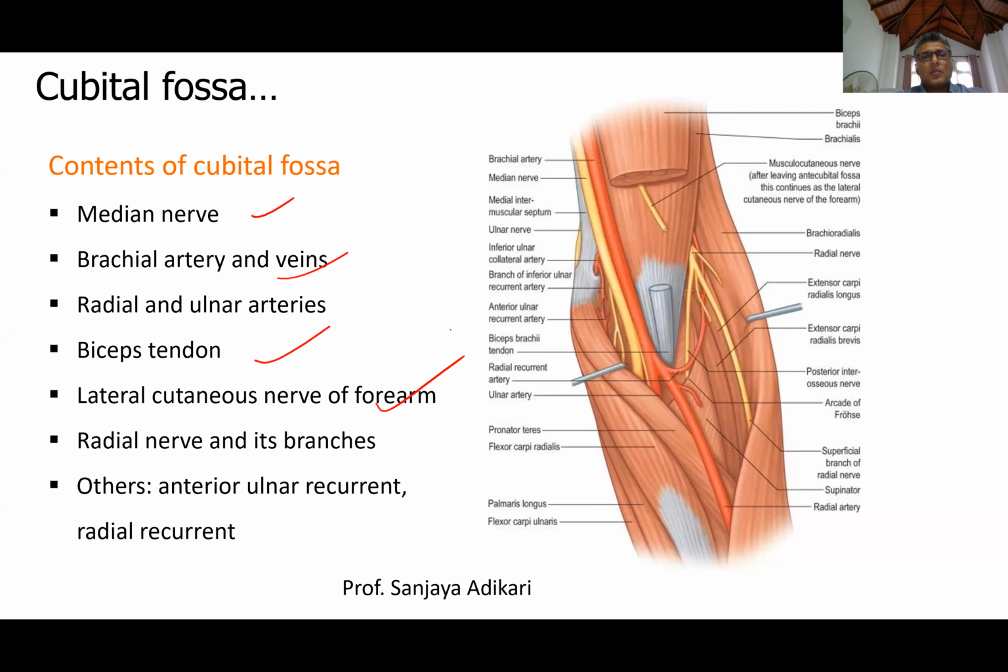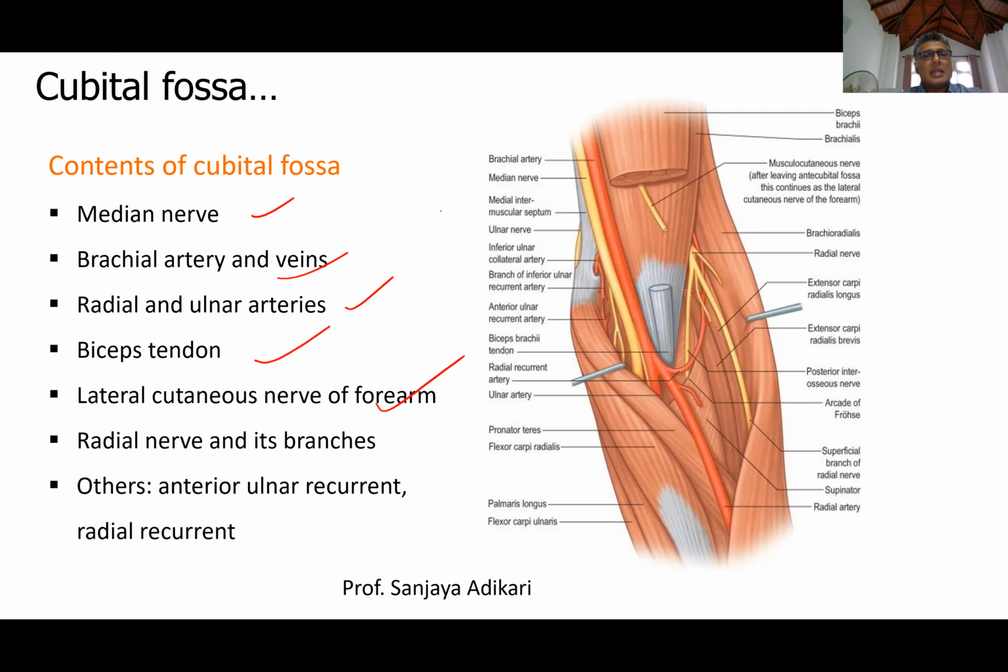But actually, if you read the descriptions in anatomy textbooks, you will be able to add the radial and ulnar arteries, because it says that the brachial artery divides into radial and ulnar arteries at the distal part of the cubital fossa. Therefore, you can include them.